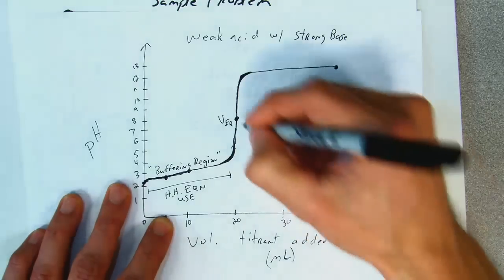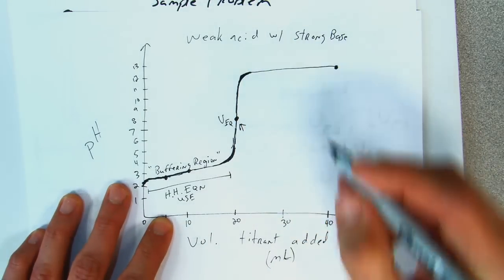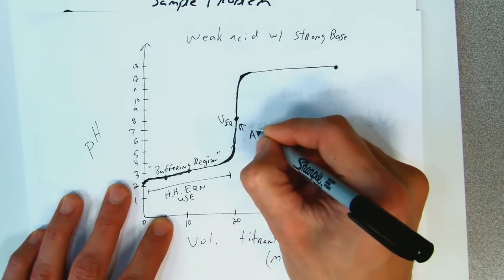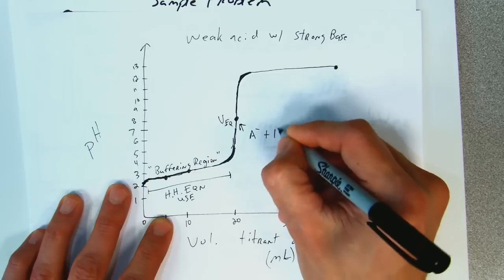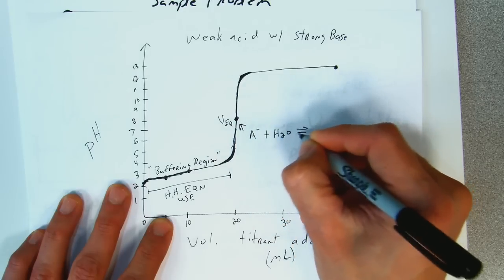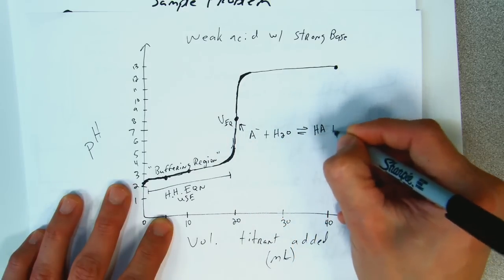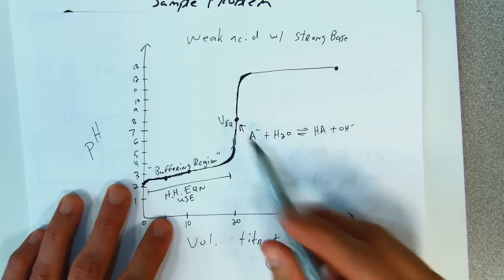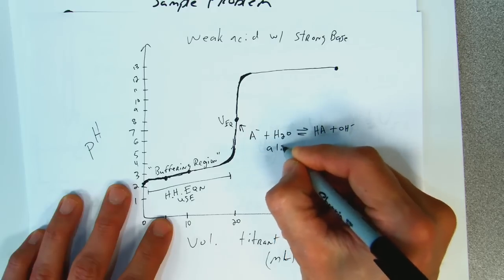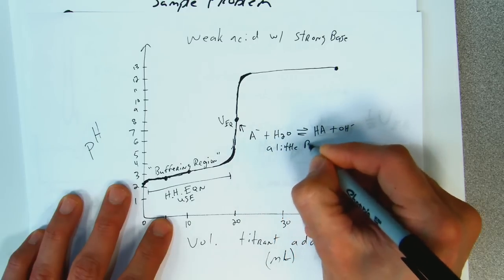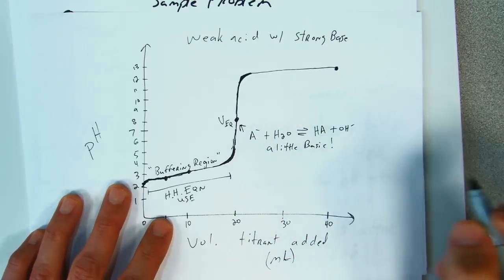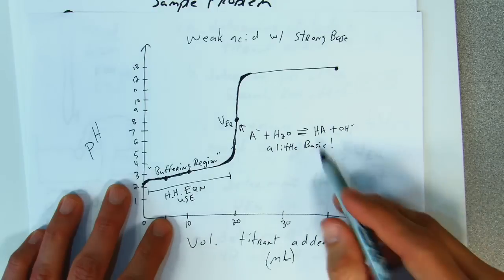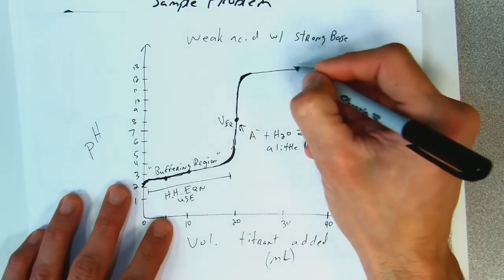Okay? And right here at our equivalence point, what was important was the hydrolysis reaction of our weak base. That was the only thing that was important to set the pH there. And for this category of titration, it's always going to be a little bit basic at the equivalence point, because this reaction will take off a little bit.